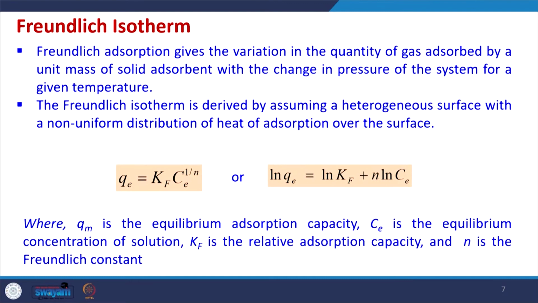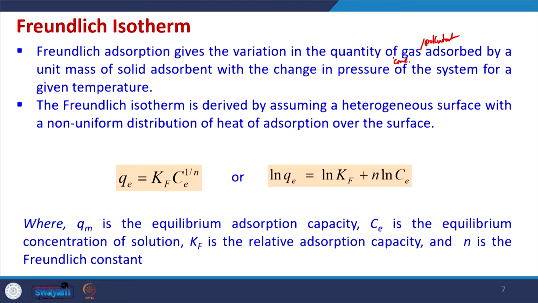Now, going further, because Freundlich and Langmuir are the most commonly used simple 2 parameter model equations, we will discuss them a little more. The Freundlich isotherm gives the variation in the quantity of gas or pollutant adsorbed by a unit mass of solid adsorbent with the change in pressure or concentration of the system for a given temperature.